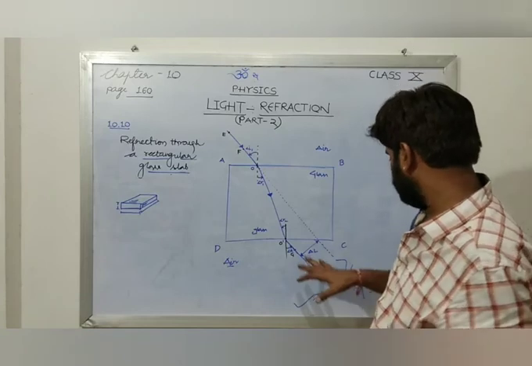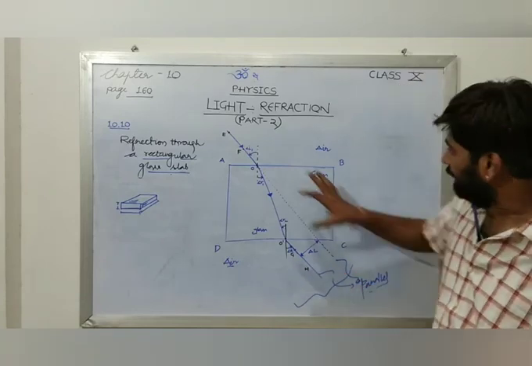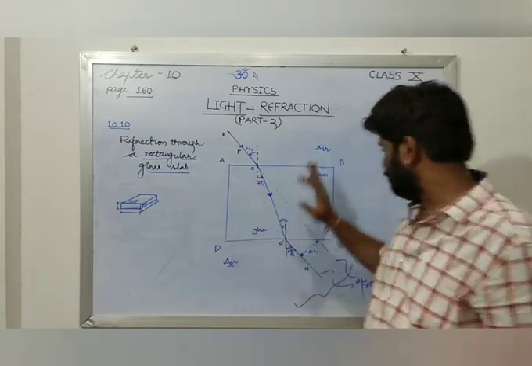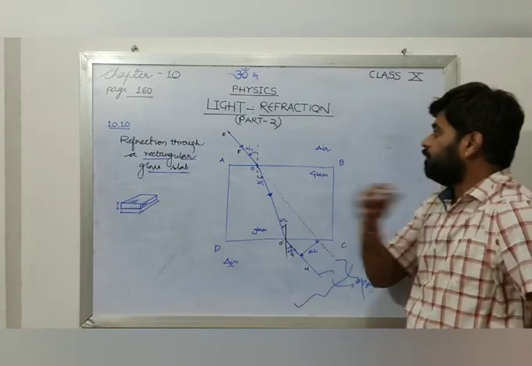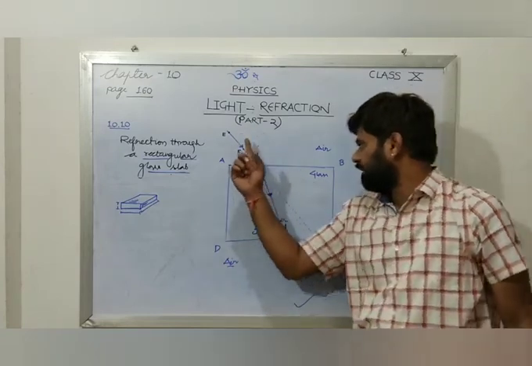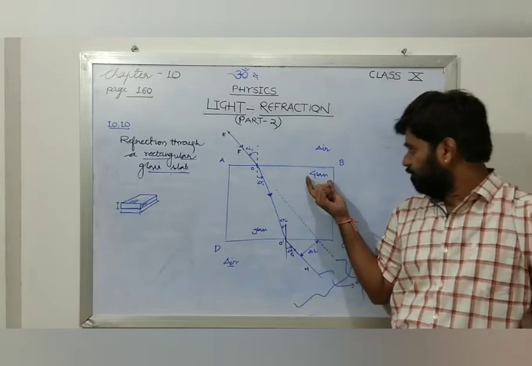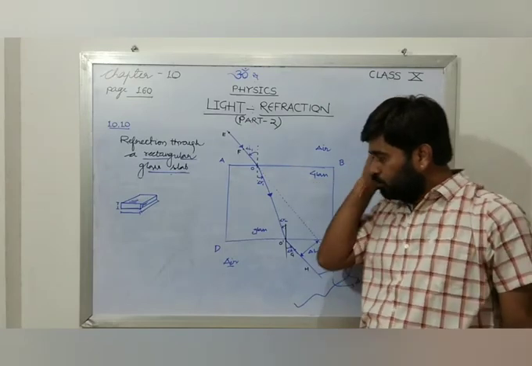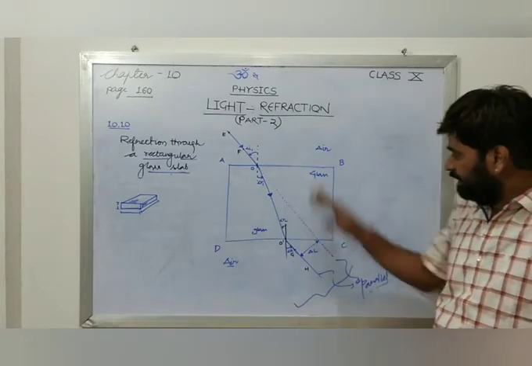So this was simply our activity. Through this activity, what did we confirm? We confirmed that when light enters from air to any medium, we had taken glass here, the speed of light decreases.